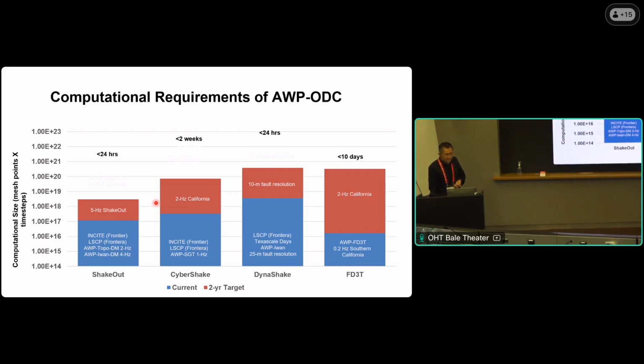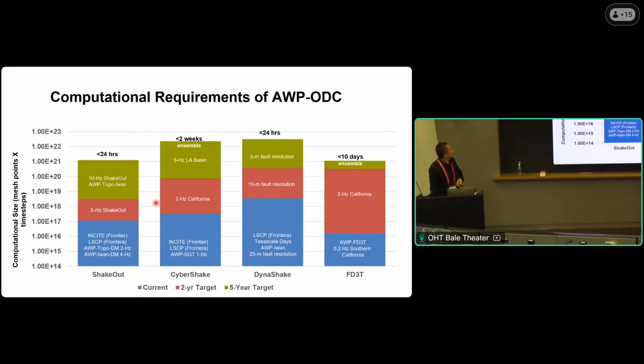The SubShake is using the linear GPU code. The ShakeOut is now using the topo code. That's what Dr. Ye is going to introduce more. And 5 years from now, we are going to require 4 more orders of magnitude. So that's basically the computational challenge and requirement for this project. I'll stop here so you can continue.